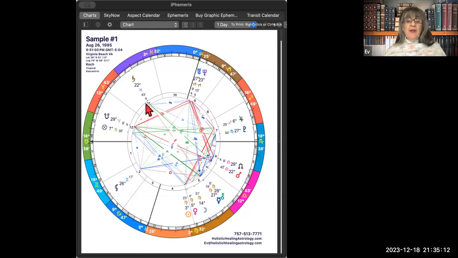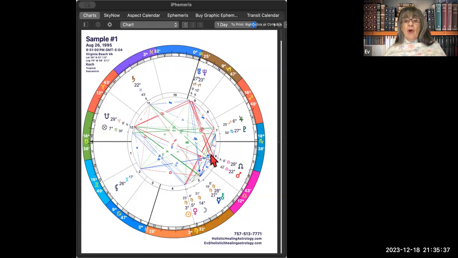And then we have another inner circle, which is numbered counterclockwise, 1 through 12. And then we have these divisions. They look like pie pieces or cake pieces with edges. And those are the houses.